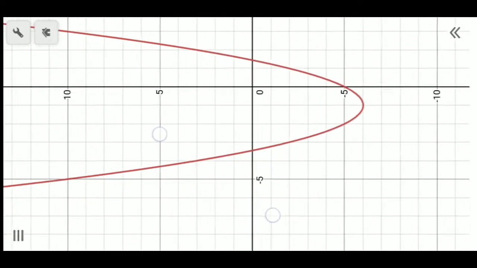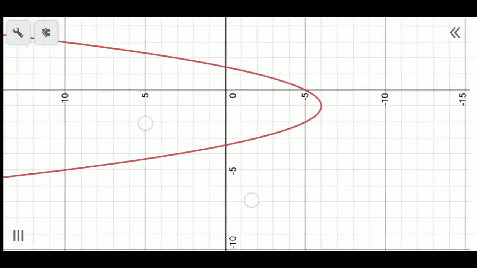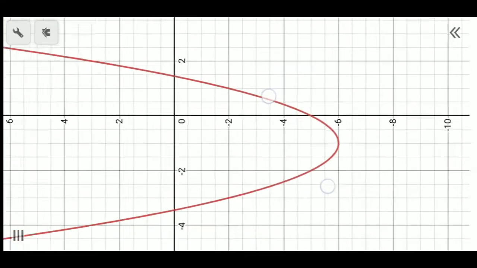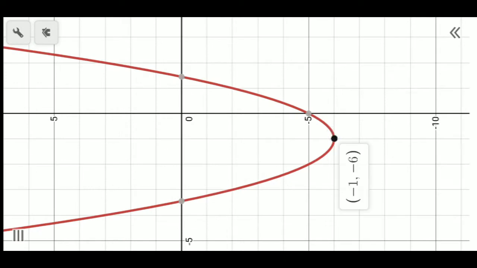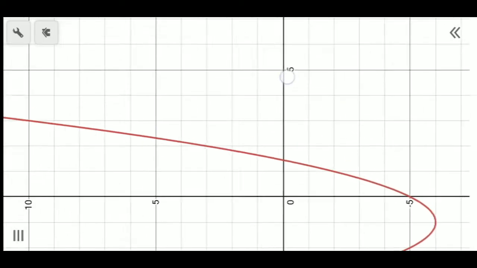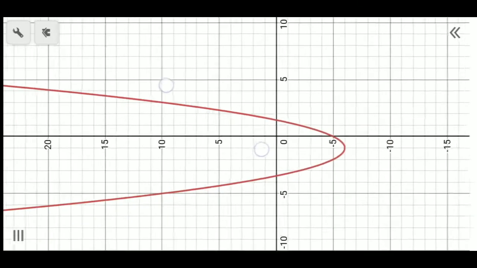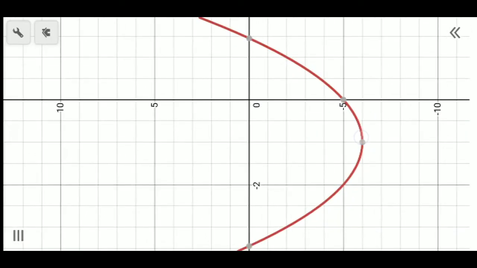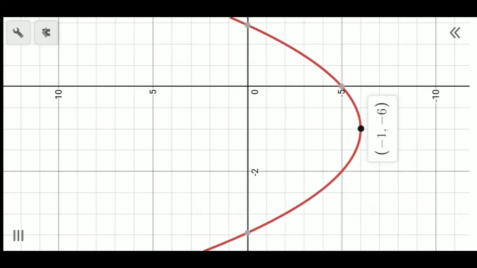From minus infinity to a certain point it is decreasing, then it starts to increase from a certain point. Minus infinity to minus 1 it is decreasing, then minus 1 to infinity the graph is increasing. Using derivatives we have found that minus infinity to minus 1 it is decreasing and minus 1 to infinity increasing. Now we are visualizing it by the graph.